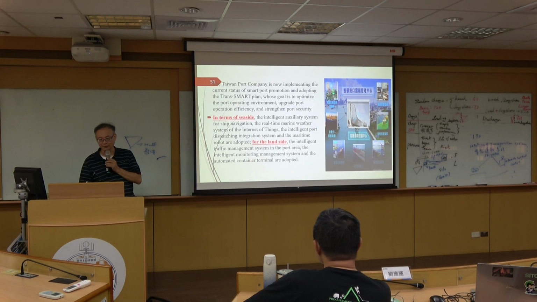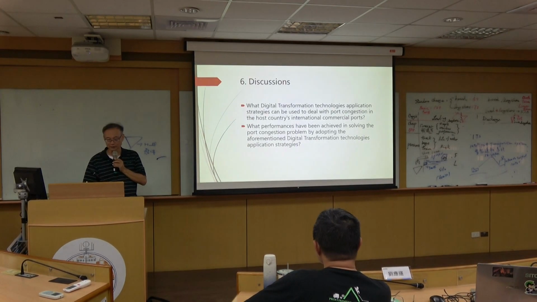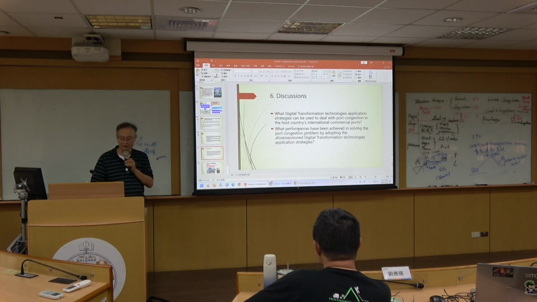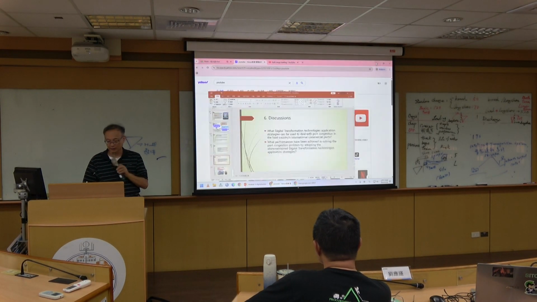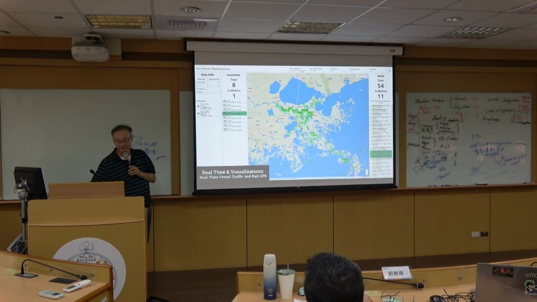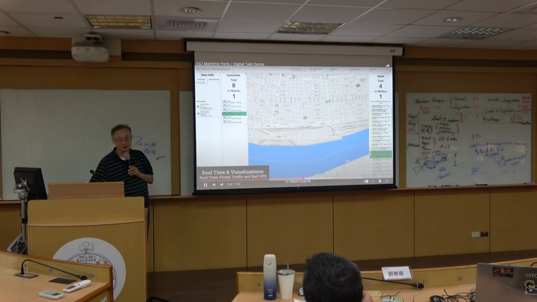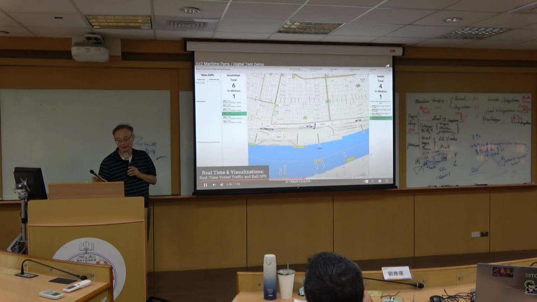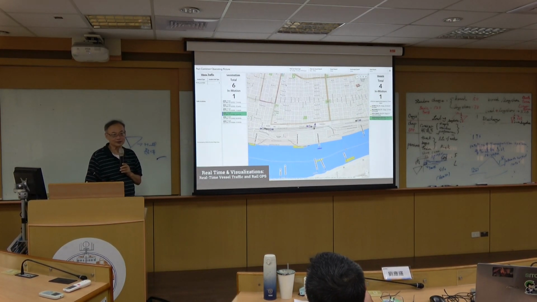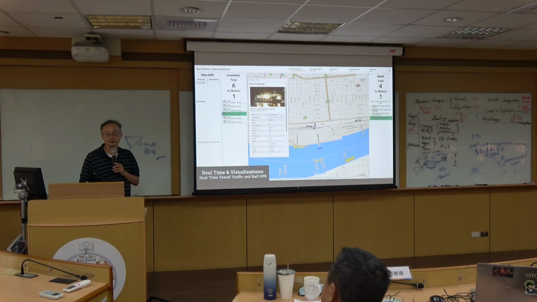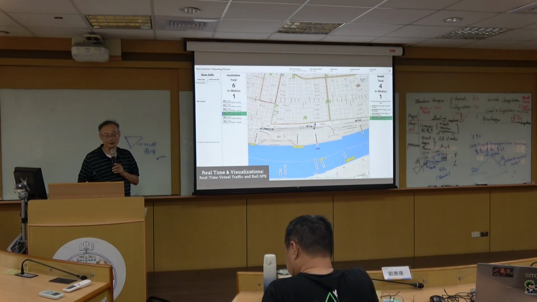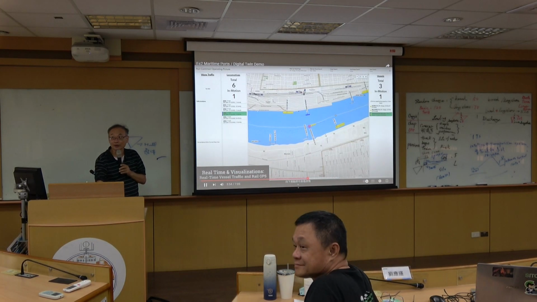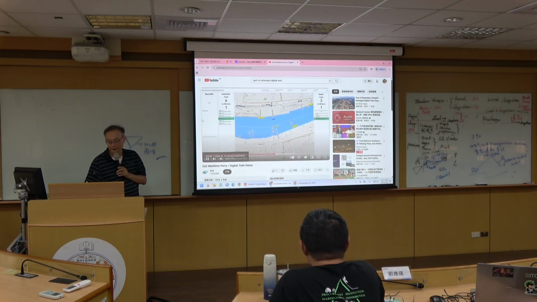Interesting, but TIPC has no English version, so that's the big problem. And I can show the Kaohsiung one. They have this user digital twin. And in Kaohsiung City, I can show you, you can see it inside Kaohsiung City. The port company actually has it too, it's just that integrating everything together takes time. There are pieces, with vessel positions and so on, the AIS. Okay, so today's lesson is going to finish.